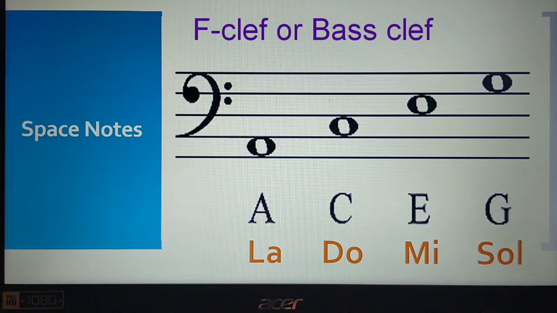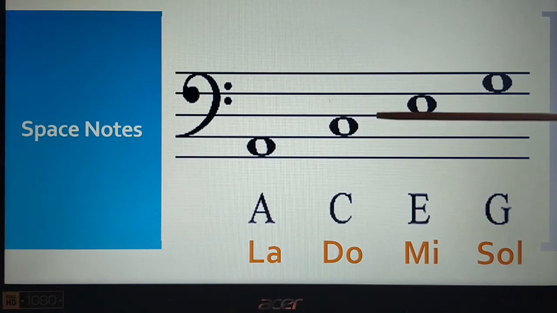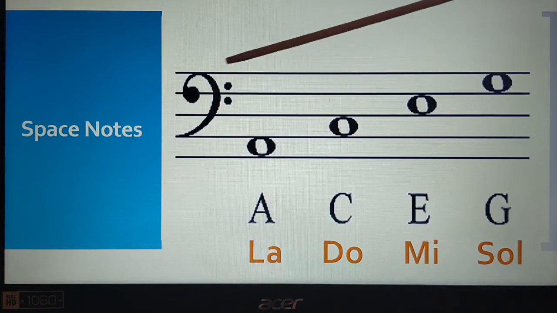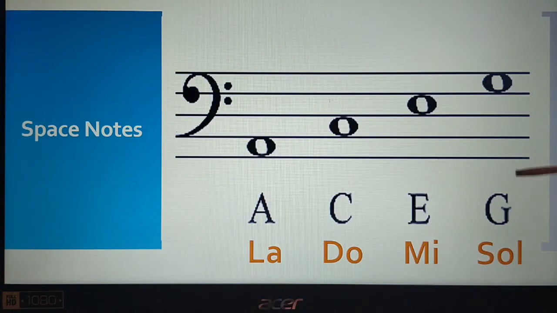So when you see a note on the second line of the bass clef staff, it's Do. When you see a note on the fourth space of the bass clef staff, it is G or Sol.